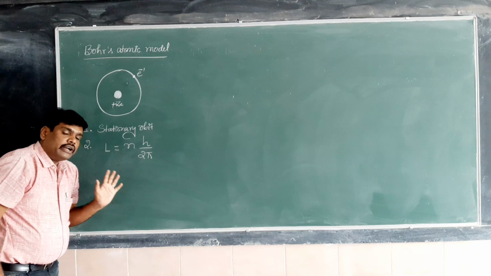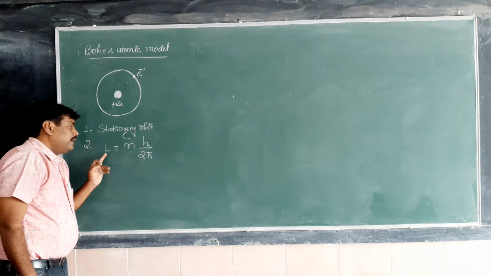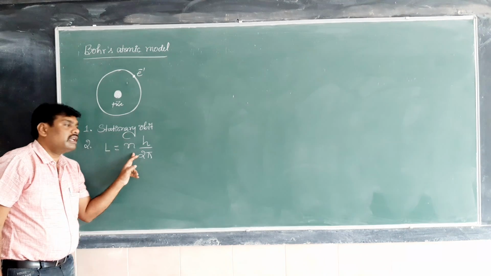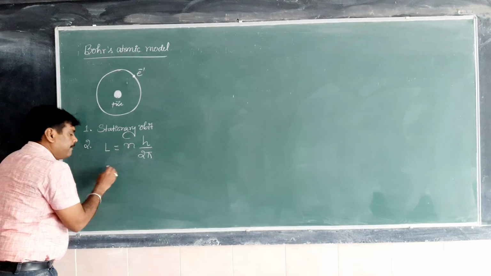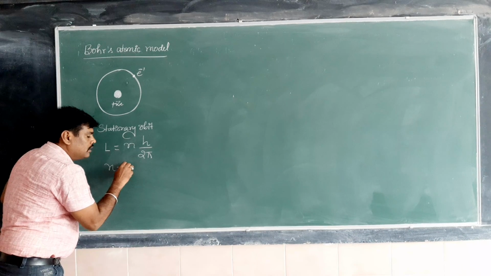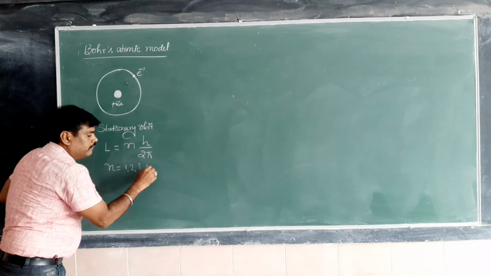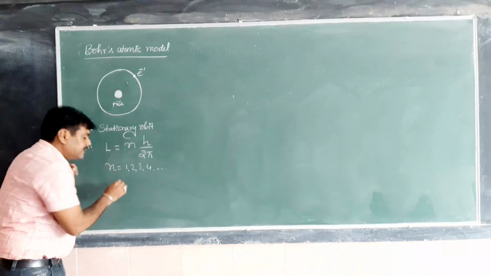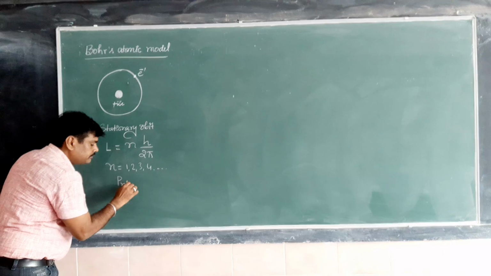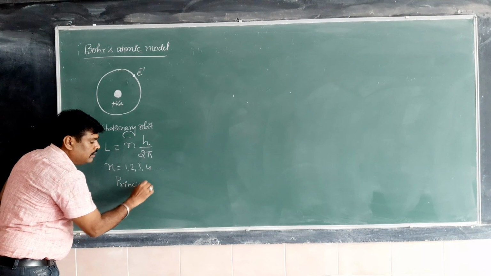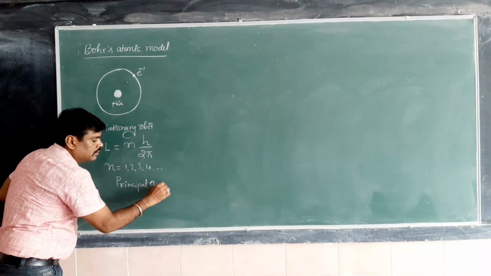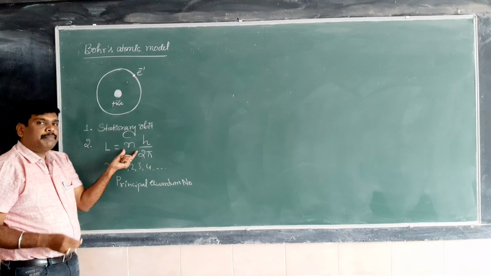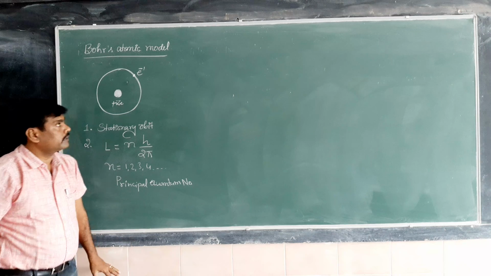Hence, L equals n h divided by 2 pi, where n is an integer 1, 2, 3, 4, etc. This n is also called the principal quantum number.